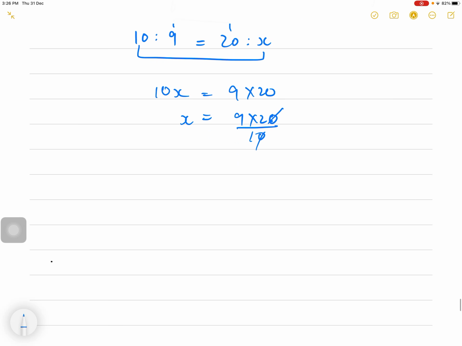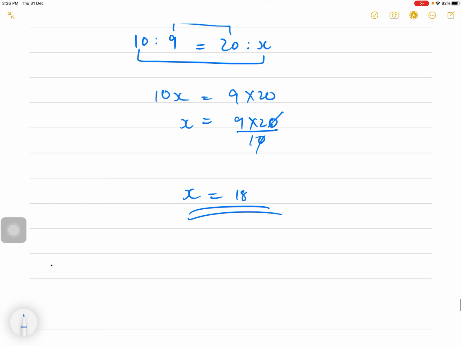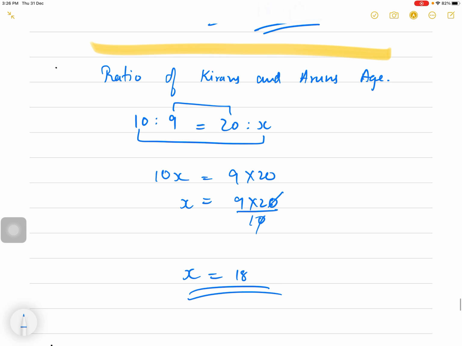So x is equal to 18. Yeah, this is the easier way to solve. Okay, use this method.